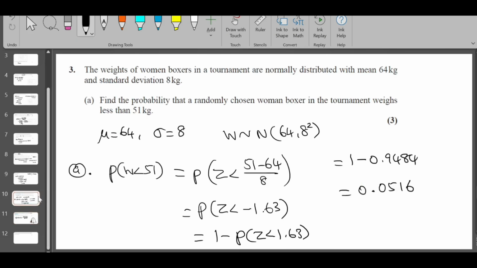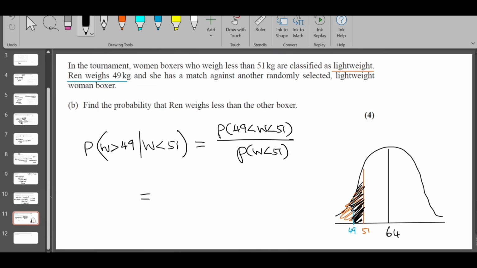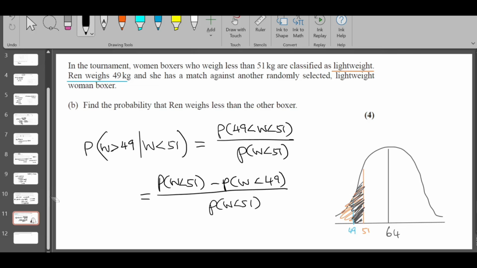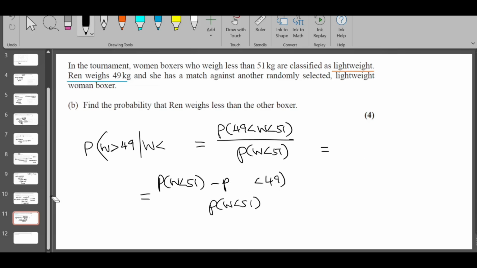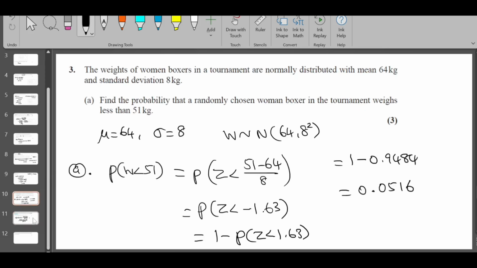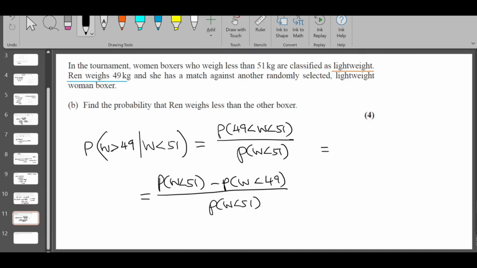Let's look at part A. We calculated less than 51 here already, right? 0.0516. First of all, on top you split it. P of W is less than 51 minus P of W is less than 49 over P of W is less than 51. The probability of W is less than 51 is from part A, 0.0516.